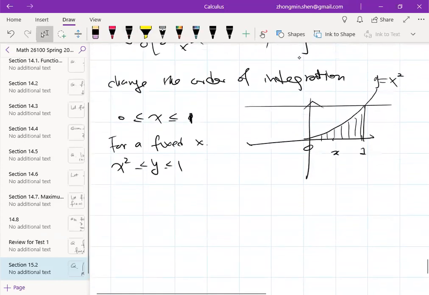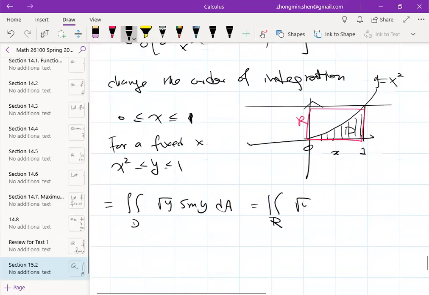Now, I can use this as my domain R, right? So this integral is the double integral over D. I still can write down the function like that. Now I can change it to R. Then I can freely use any of these iterated integrals.